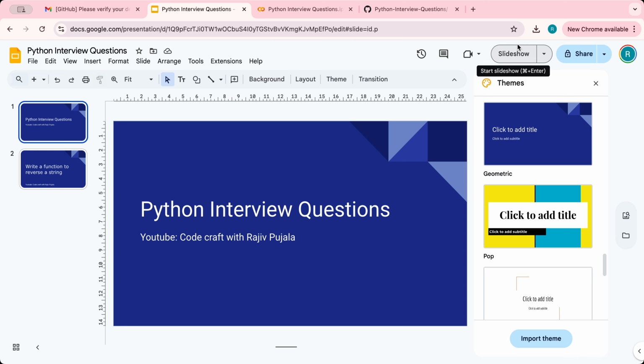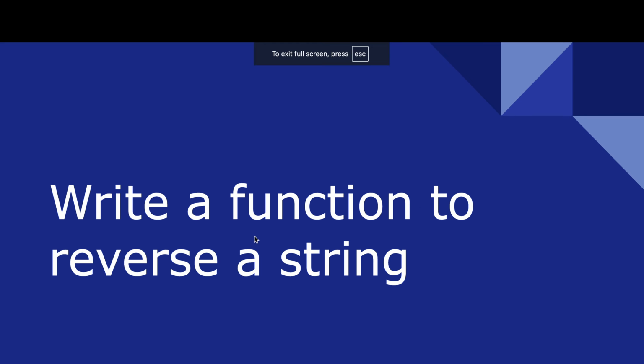Okay, we are going to start talking about a function which helps us to reverse a string. What exactly does it mean over here? For example, if I give a word as Rajiv, it will return the output as VIJAR. Let's see how this is going to work out.